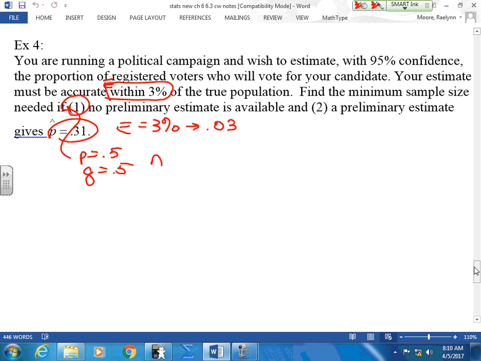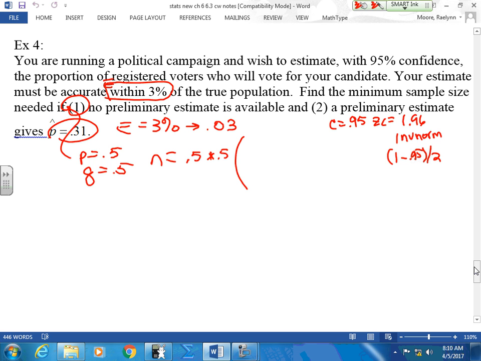So first time through, we're going to do our P times our Q. Then we're going to put this in here and do our 95. What is our ZC for 95? Anybody remember? Good. So we use the same ones to get used to the same ones. And if not, you do inverse norm, because we're using z-scores, 1 minus 0.95 divided by 2.